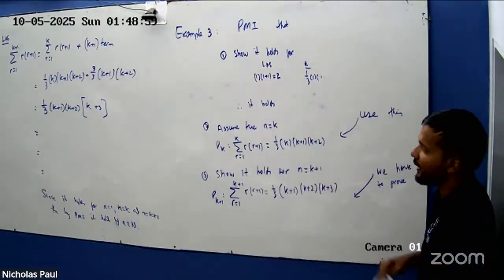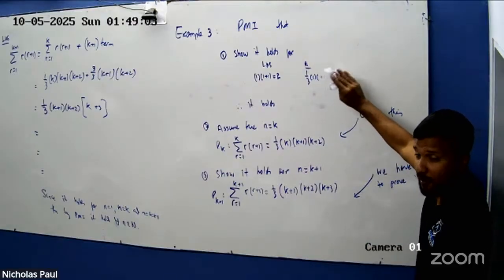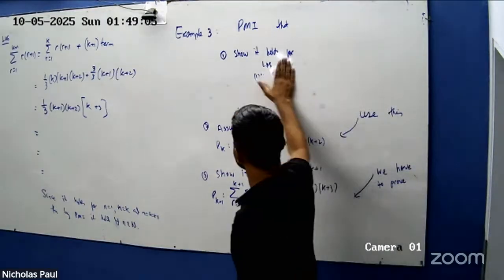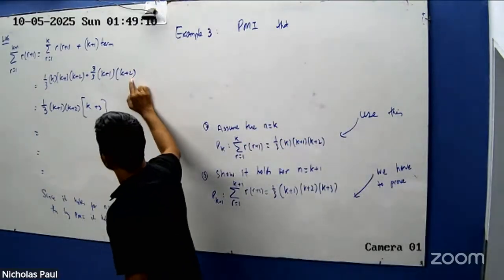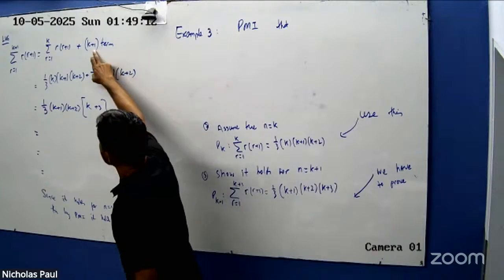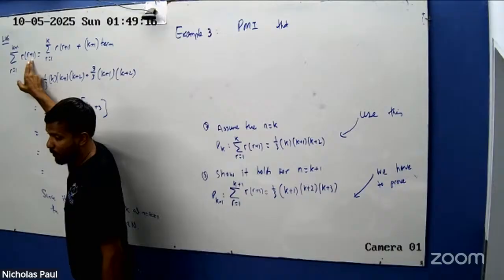I can take off this. How do I get this? K plus 1 in here is what? K plus 1. K plus 1 plus 1. Right?